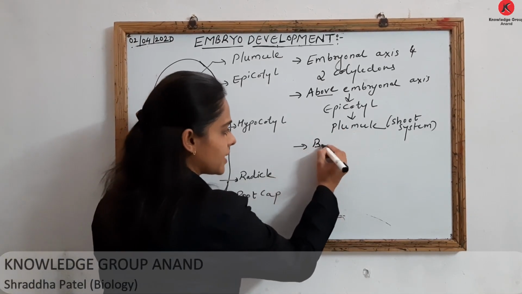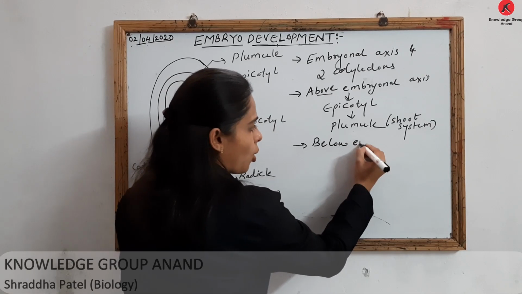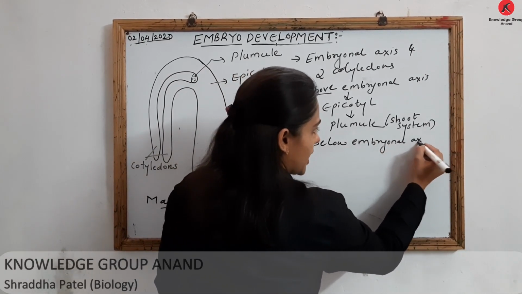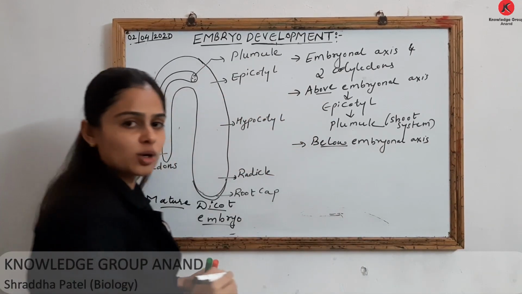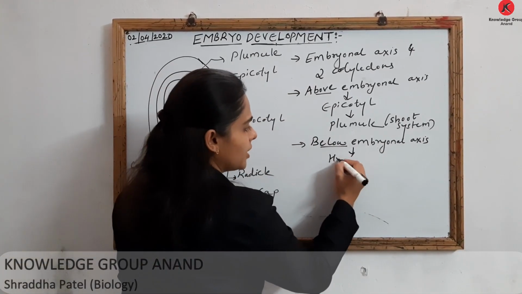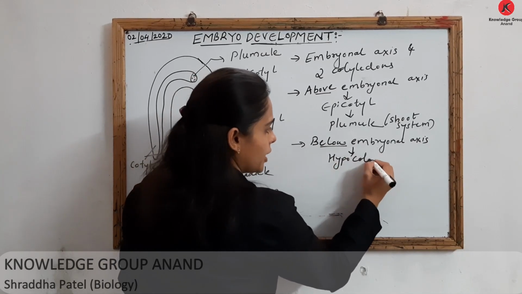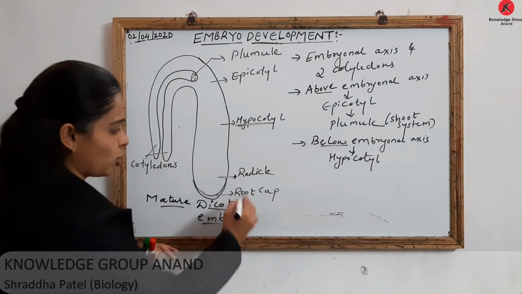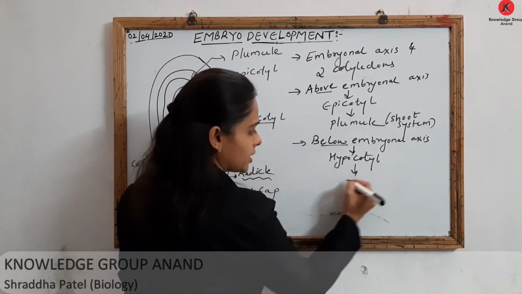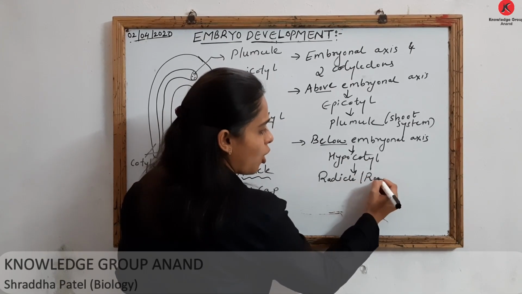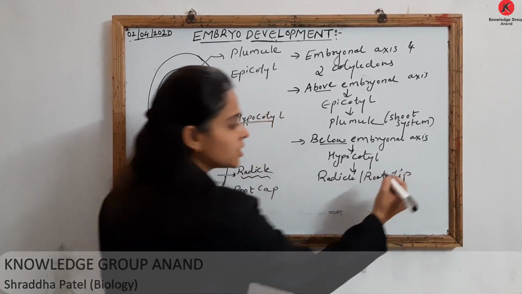Now the region below embryonal axis, मानी नीचे, is termed as hypocotyl, which terminates into radicle or root tip.